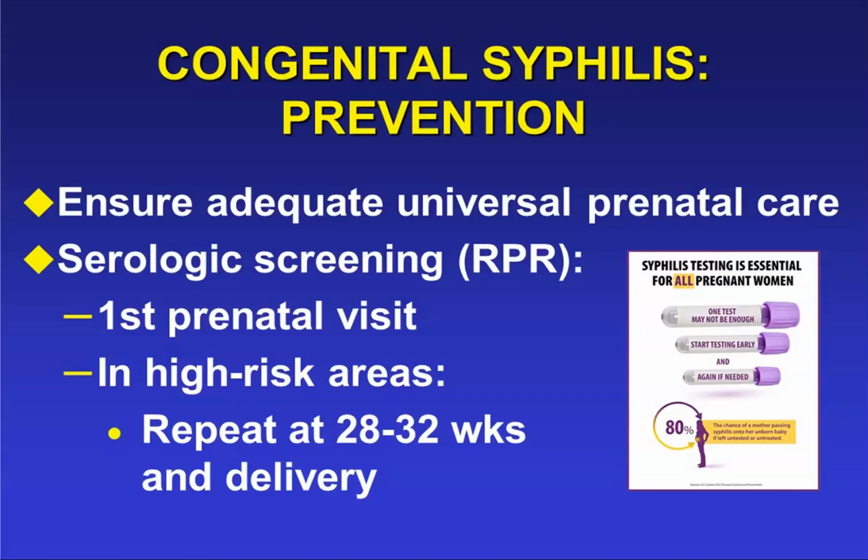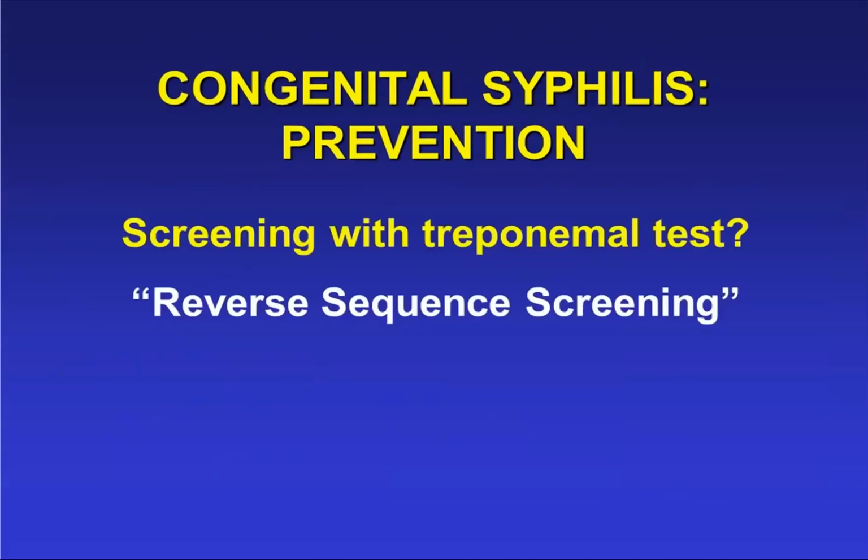At the first prenatal visit, and in areas of high risk, testing should be repeated at 28 to 32 weeks and at delivery. Traditionally, we have tested women with RPR, rapid plasma reagin, and if that's reactive, then we do a specific treponemal test, and the recommended treponemal test is the Treponema pallidum particle agglutination, TPPA.